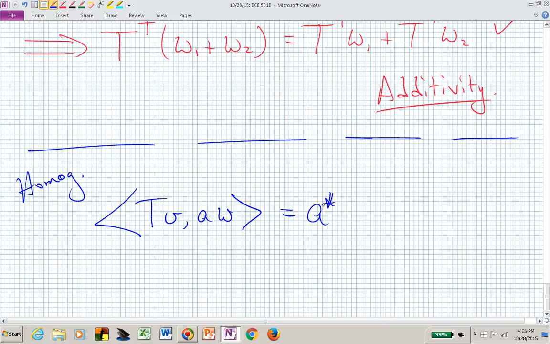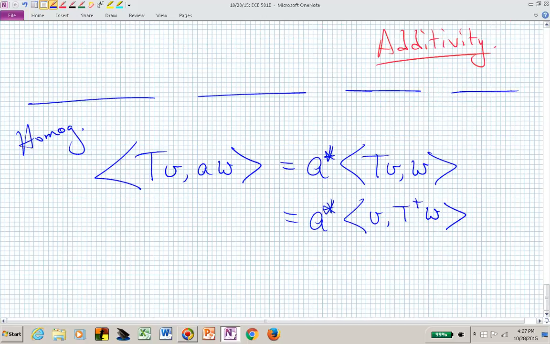That now says that we have A conjugate times TV comma W. Now if we apply our adjoint relationship on that inner product expression, I'm not touching the conjugate of A, but I'm simply using the definition of the adjoint: if I slide that T to the second slot, I have V, T dagger W. But now let me put that scalar back into the second slot.